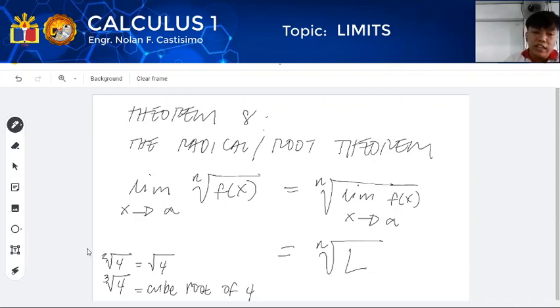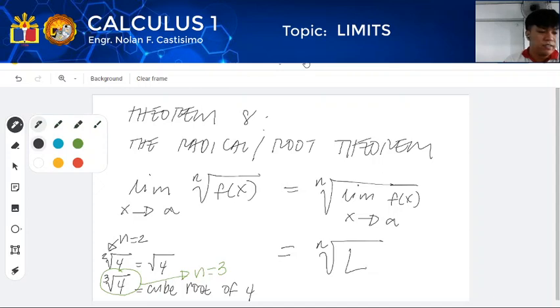Naintindihan? So, yung n natin dito, n is equivalent to 2. And then, yung ito naman natin, n is equivalent to 3. Yan yung ibig sabihin ng nth root. So, infinity na yan, kung hanggang anong number ang gusto nyong ilagay dyan sa nth root. Paano kapag 100? Di 100th root. Yan yung value natin, n natin is 100. Okay? Next. Let's have an example.